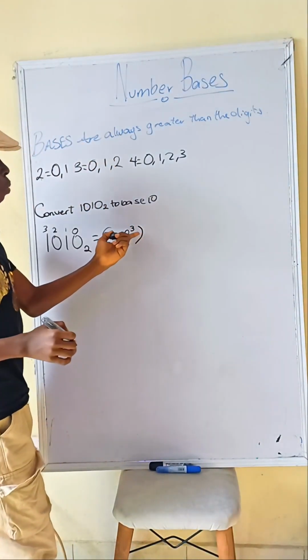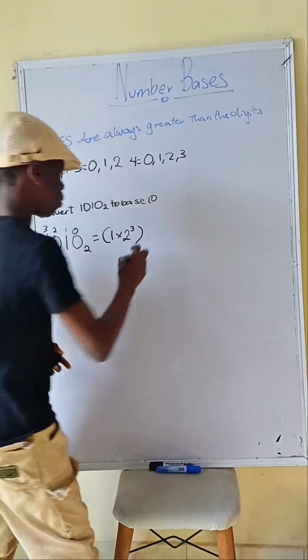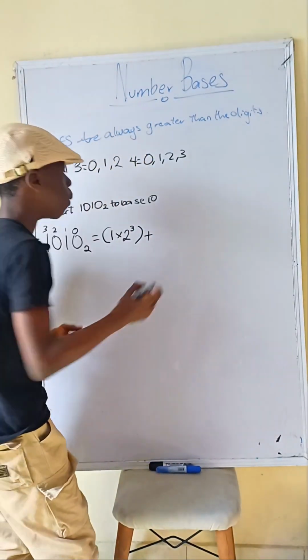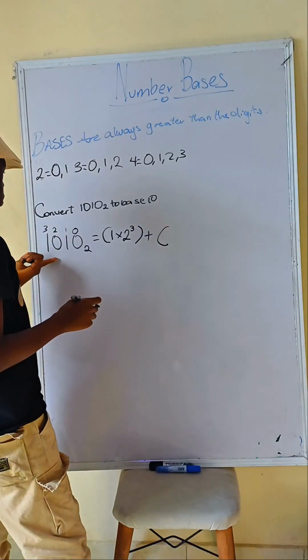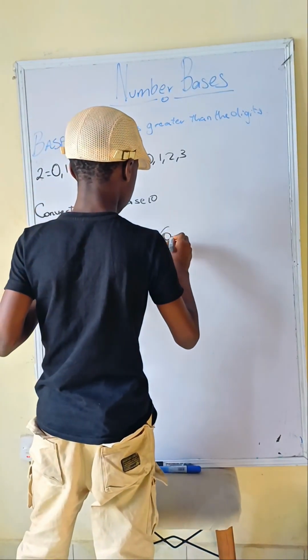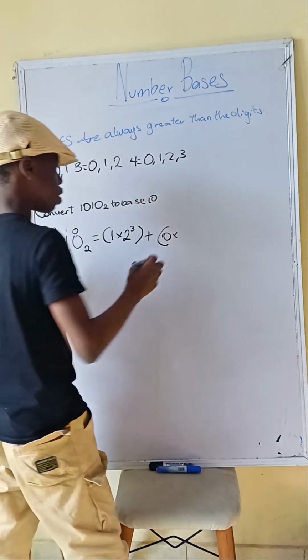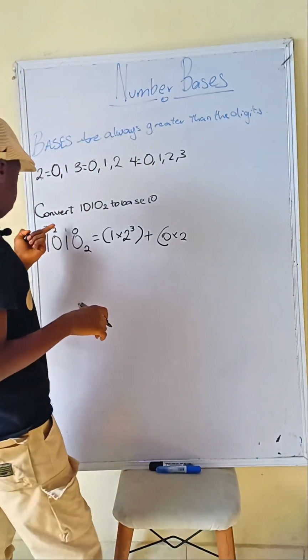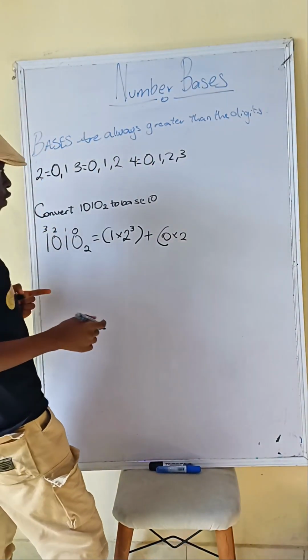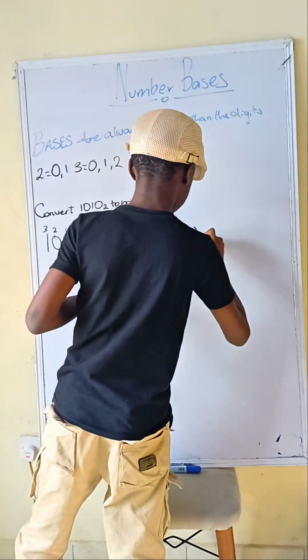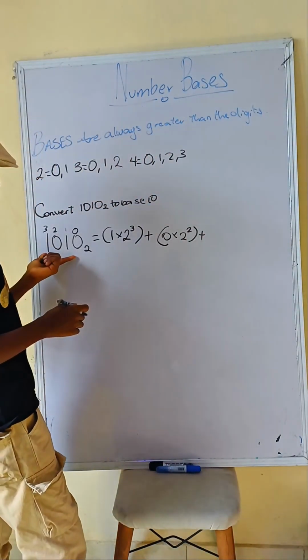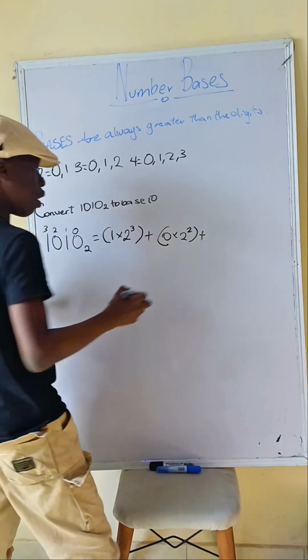And that 3 will be our raised to the power. Plus, open another bracket, for 0 times 2, this base raised to the power of 2, what's on top of 0, plus 1.